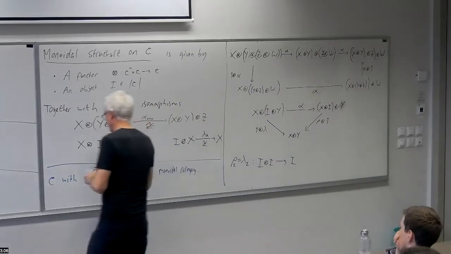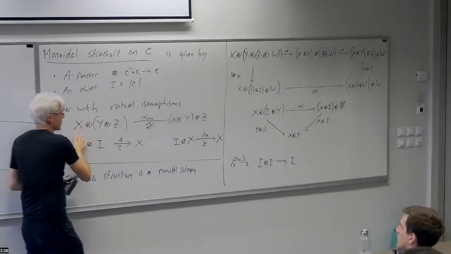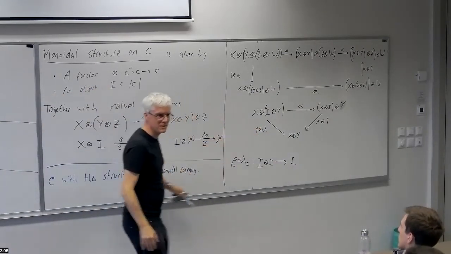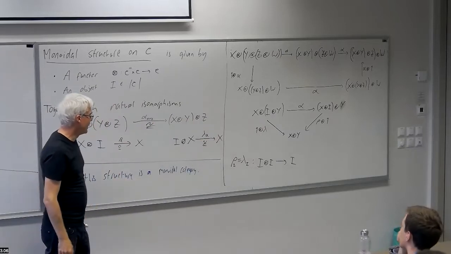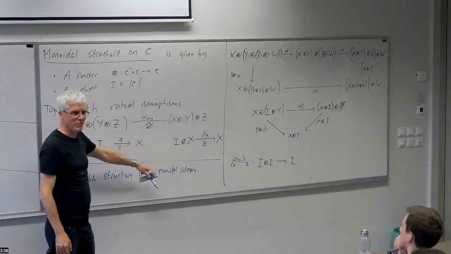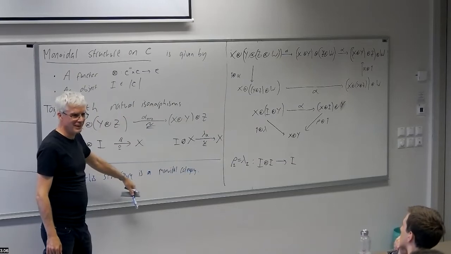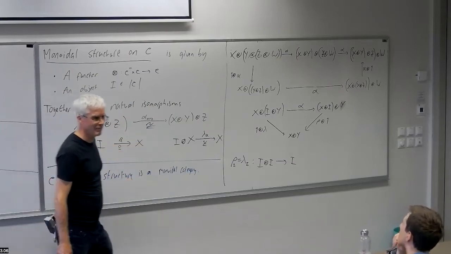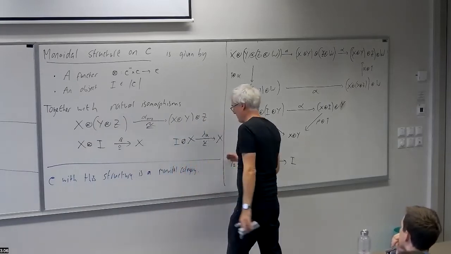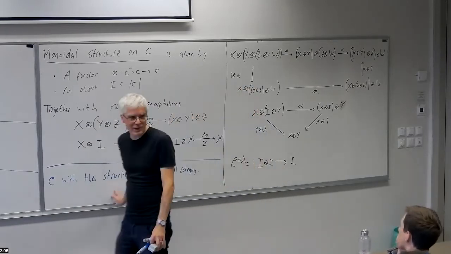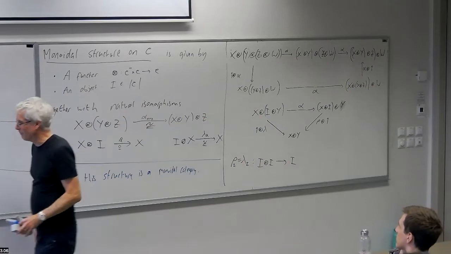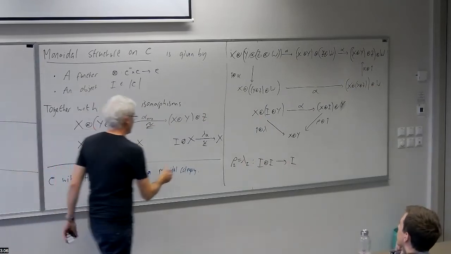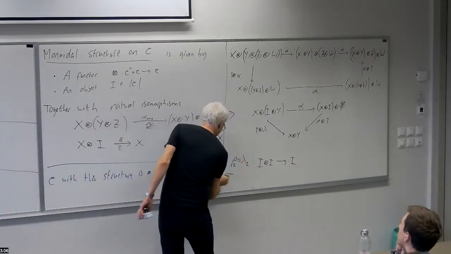This is a category with this structure satisfying these axioms, the monoidal category. The temporal flow is more important than the spatial flow. Yeah, right. So this came after that, and this is just where there was space on the board. So we're going from here to here, and then back to there.